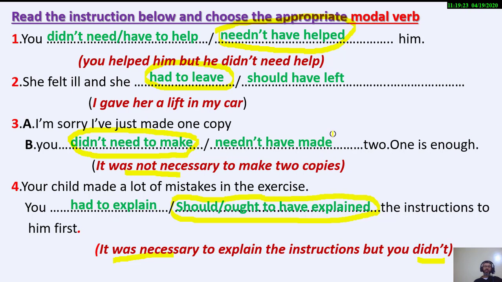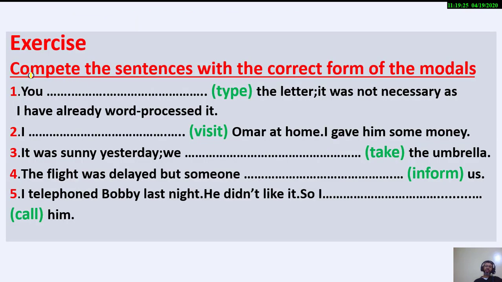Okay, now let's move now to the last exercise. So exercise, complete the sentences with the correct form of modals. You type the letter, it was not necessary, as I have already word processed it. Number 2, I visit Omar at home, I give him some money.